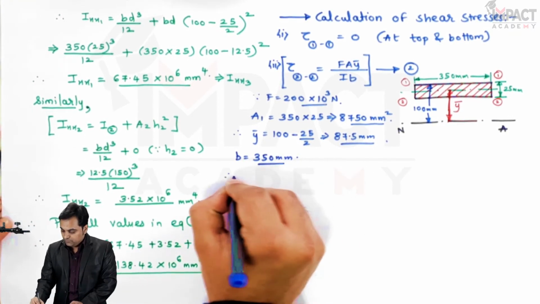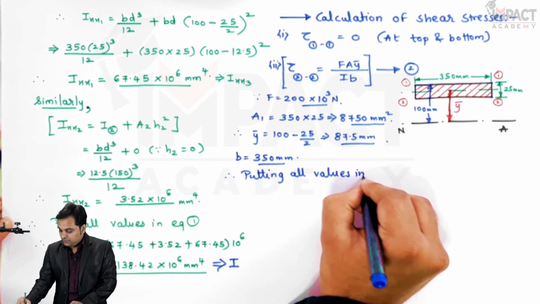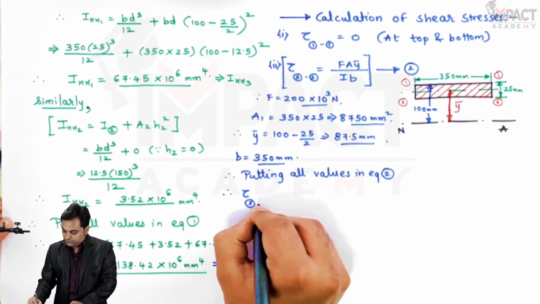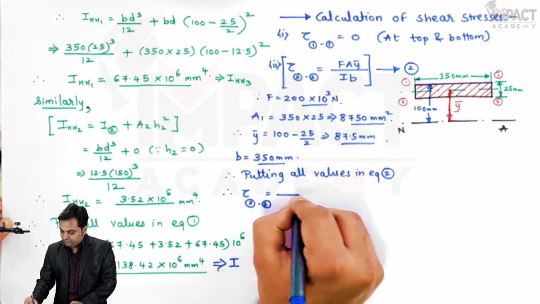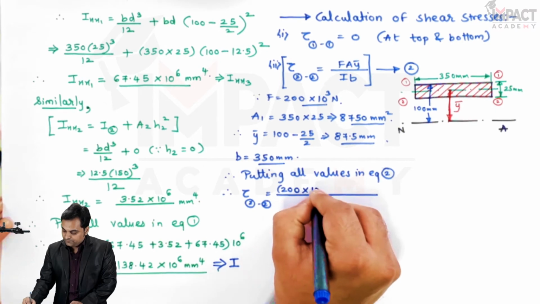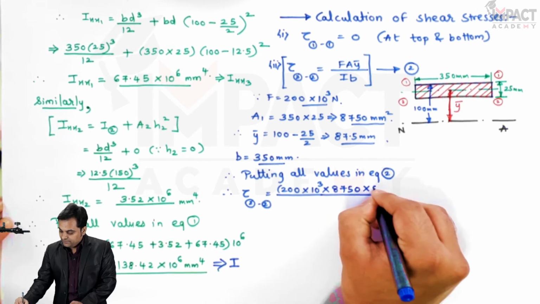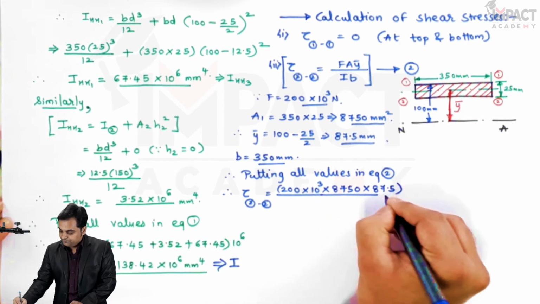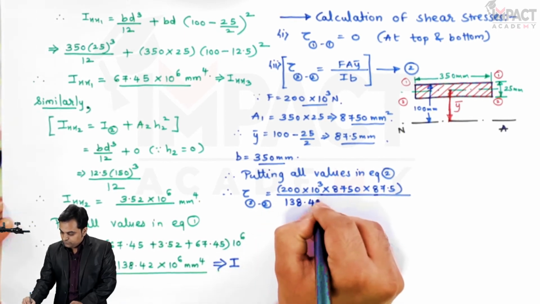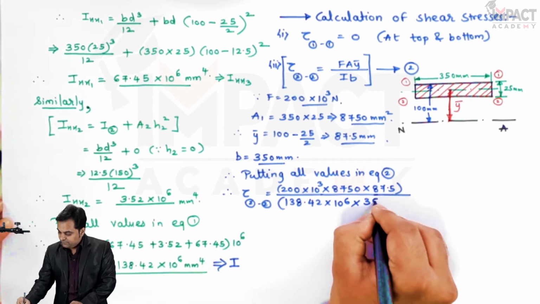So therefore, putting all values in equation second, tau at section 2 is equal to F, which is 200 into 10 raised to 3, area is 8750 mm square, y bar is 87.5 mm, I for the complete section is 138.42 into 10 raised to 6, and the width of the section is 350 millimeters.